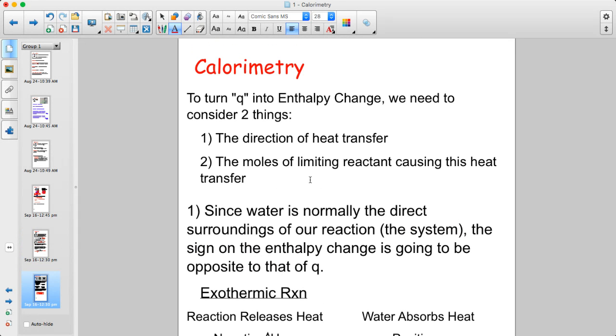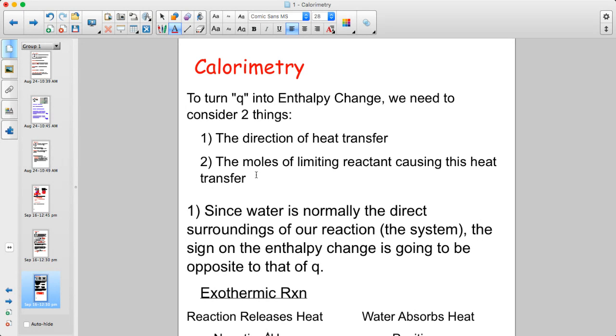To turn Q into enthalpy change, which is usually what you're going for, delta H, we need to do two things. We need to figure out the direction of the heat transfer, which we've already done in our initial calculation. Is the value of Q positive or negative? Has the water absorbed heat or lost heat? And the other thing that we care about is how many moles of limiting reactant got used in this reaction.